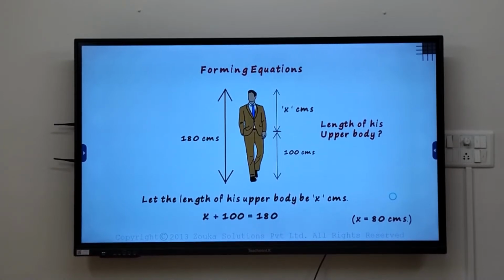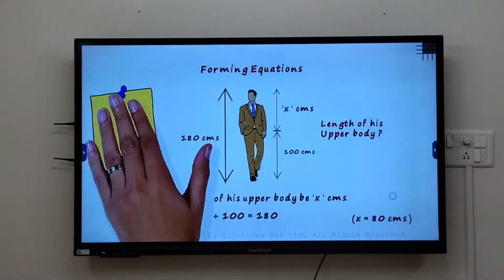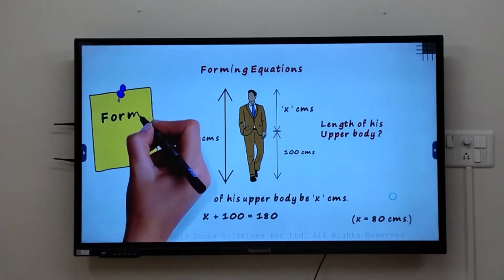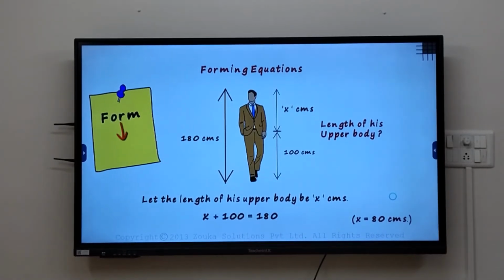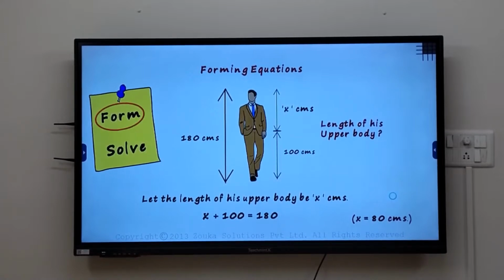Whenever we are given a word problem, there are two things we need to do. First, form the equation. Second, solve it. Okay, here's a fact. Anybody can solve an equation. It's very simple. It is forming an equation that can prove to be challenging. So we will just form equations in the coming videos.